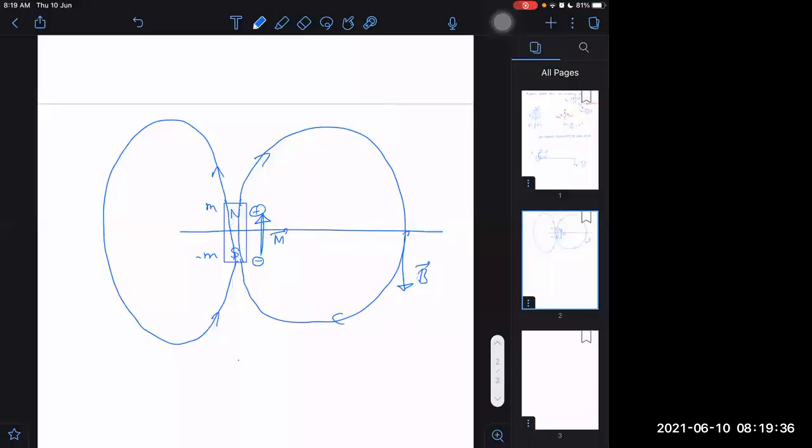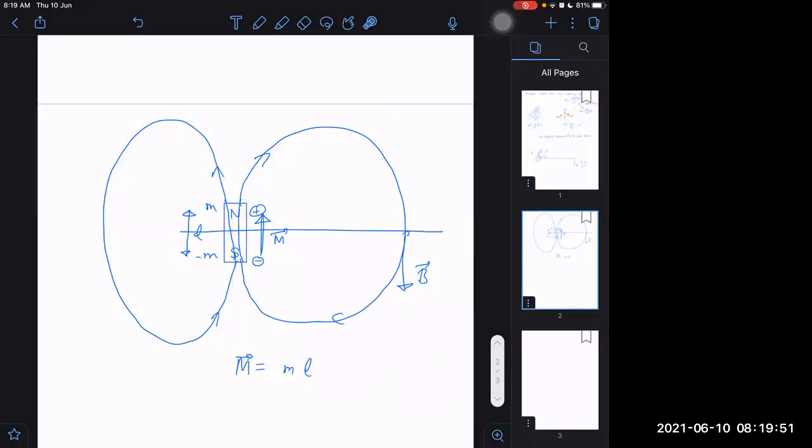By the way, the magnetic dipole moment is also defined as this magnetic charge M multiplied by the distance between the charges, L. Now you may think, what is this magnetic charge?